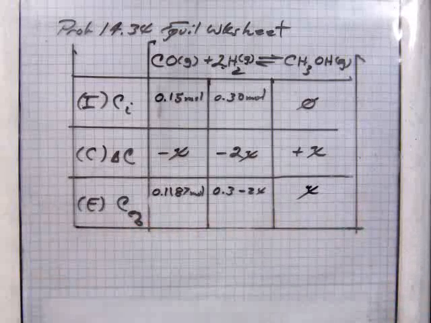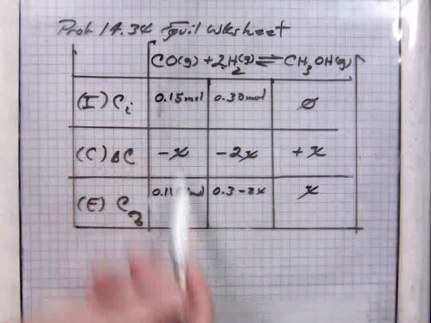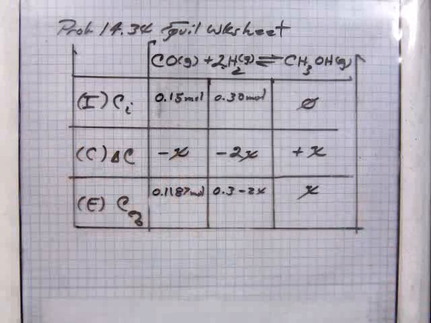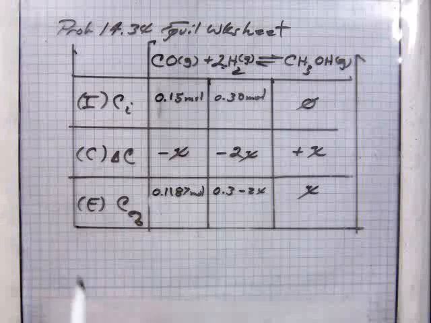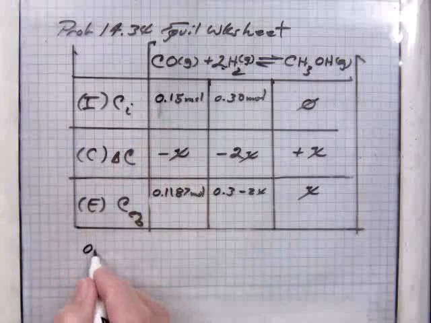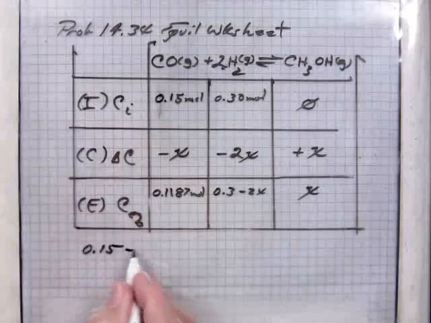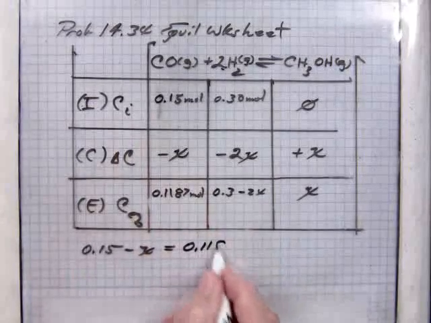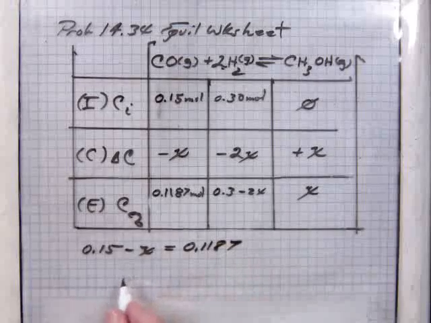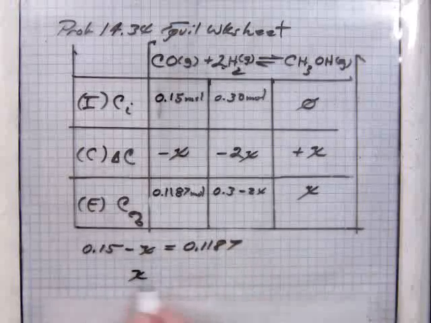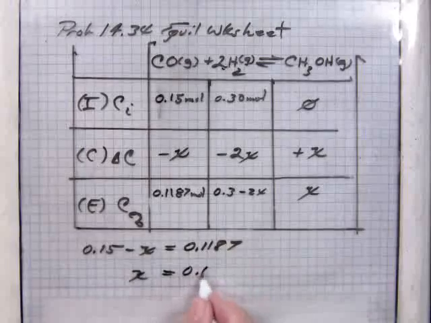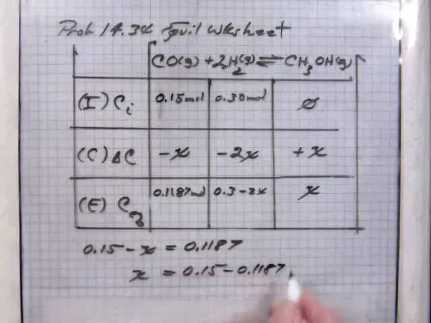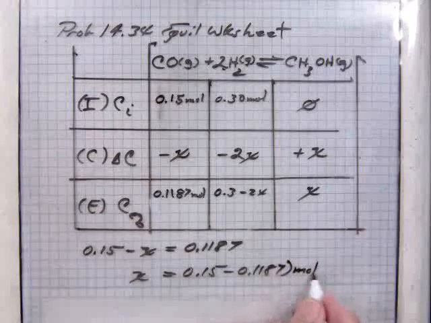Now, we can use the column for CO to determine what x is, and it's a little algebra problem. So 0.15 minus x is going to give us 0.1187. And of course, x now is 0.15 minus 0.1187, and units are moles.